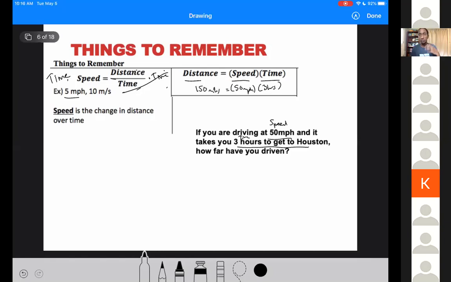Or if you just think about it intuitively, 50 miles every hour. So in the first hour, you drove 50 miles. Second hour, you drove 100 miles. Third hour, you drove 150 miles. So distance equals speed times time. That's important to note, that distance equals speed times time. We're going to come to that, okay?